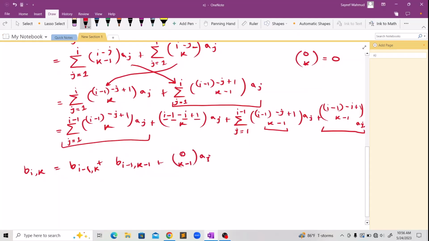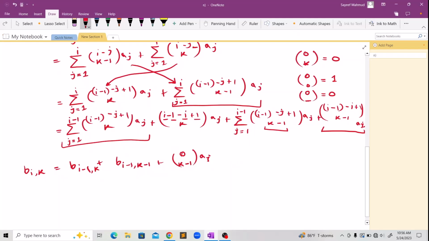So one problem is here: the minimum value of k can be 1, and if the value of k is 1, then we get 0 choose 1 minus 1, which is 0 choose 0, and this is equal to 1. But if the value of k is greater than 1, then we will get 0 choose some positive value here, so the value of this is 0.